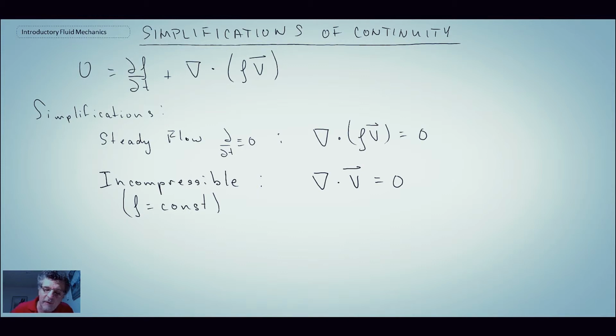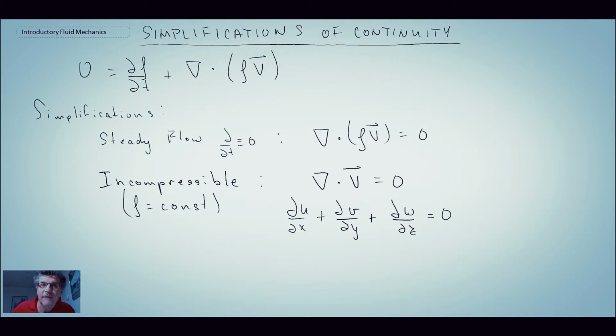And del dot v, remember when we looked at the vector operators, we said that that was the divergence operator. And quite often whenever you talk about an incompressible flow, you always say del dot v is equal to 0. But expanding that out, what it looks like is the following. So that would be for an incompressible flow.